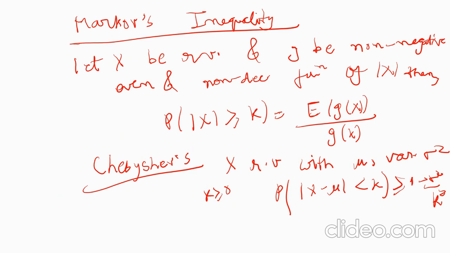Basically, X is a random variable and mu is the mean.